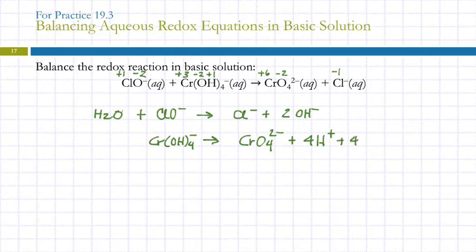So I'm going to add 4 hydroxide ions to each side. Four hydrogen ions, 4 hydroxide ions. That's 4 water molecules, 4 H2O. This time there doesn't happen to be any H2Os over there to mess around with. Any questions?